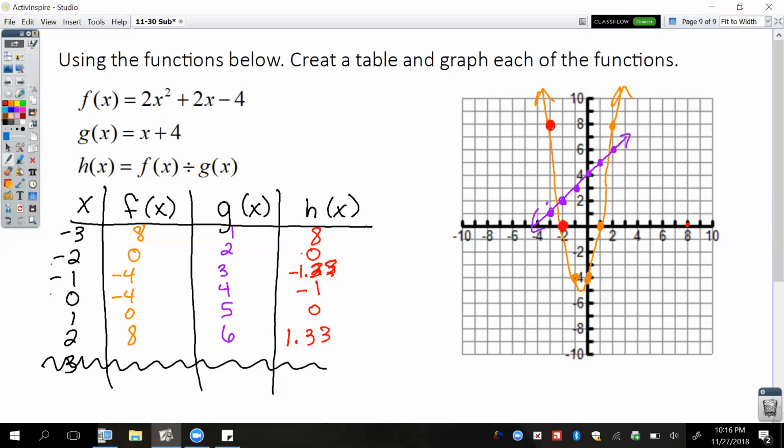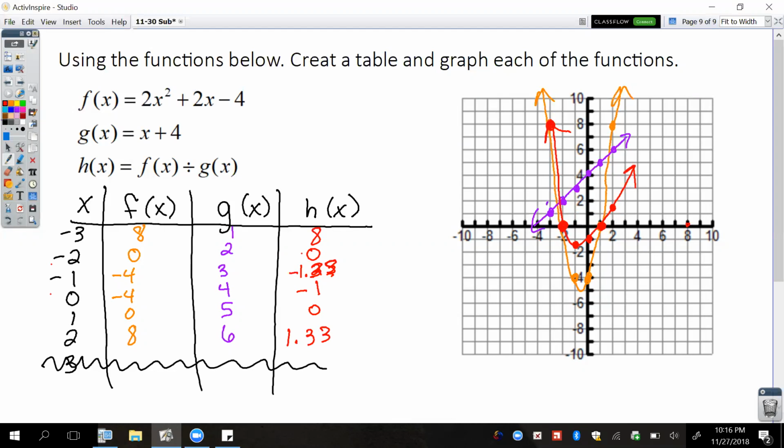Then negative 1, negative 1.33, so that's going to be somewhere down in here. 0, negative 1, somewhere right here. 1, 0, and then 2, 1.33, so right here. So you have something that looks like that when I graph it.